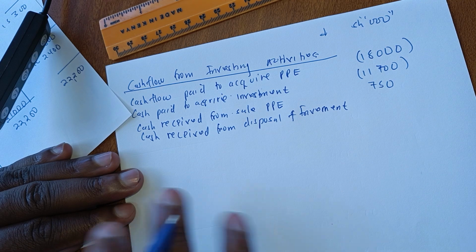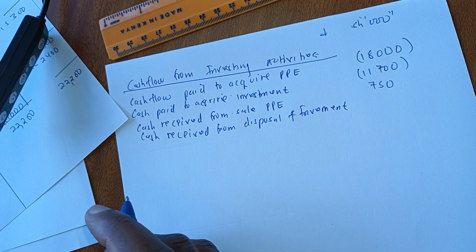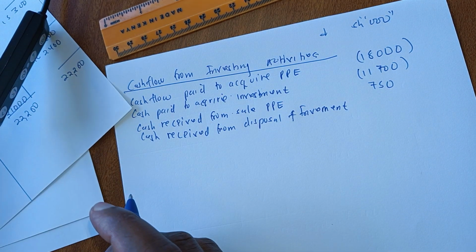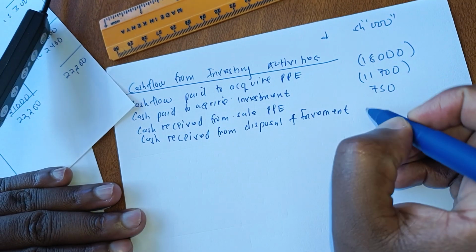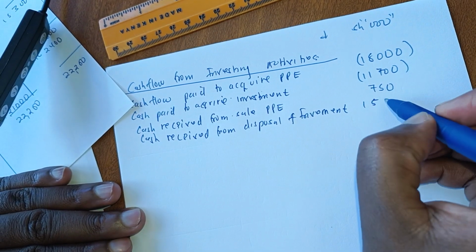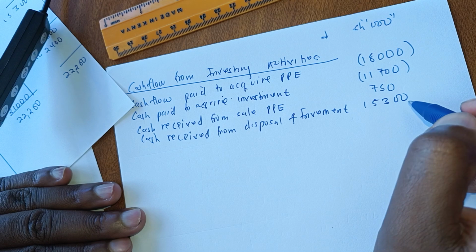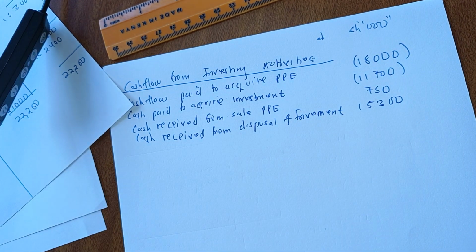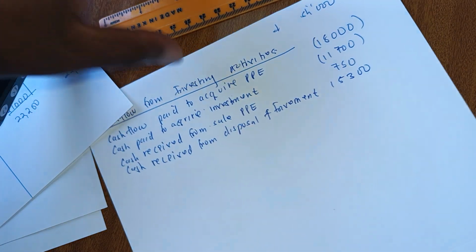You can see here it's turning out to be 15,300. So I think we are done with investment. There's no other investment that was remaining.